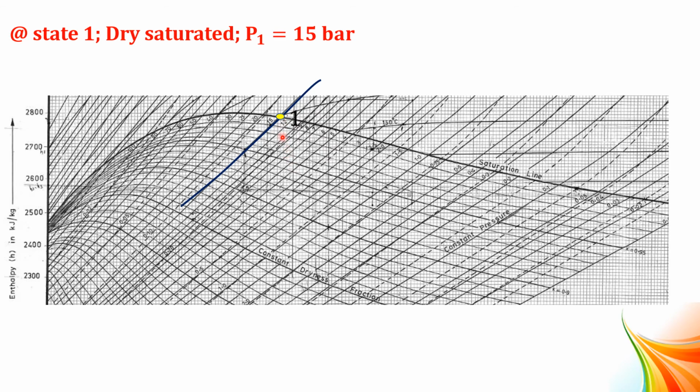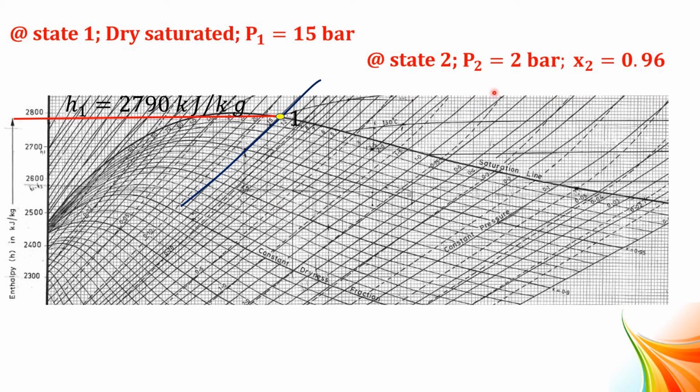So at this point you have to mark the point 1. Now from point 1 you have to draw a line perpendicular to the y-axis and measure the corresponding specific enthalpy H1, which is equal to 2790 kilojoule per kilogram.